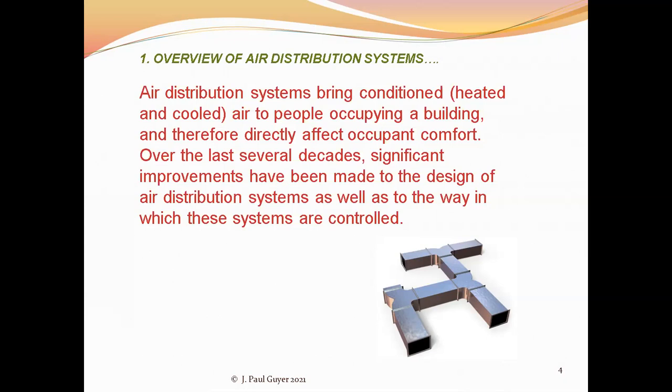A point to keep in mind is that there may be other retrofit upgrades that have taken place to the air conditioning system, to the upstream portion, and these will affect the total air distribution requirement.